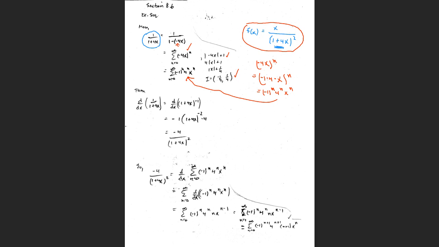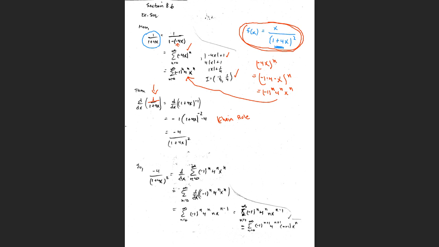All right, now again, how are we going to get to this function that we're interested in? We're going to take the derivative of 1 over 1 plus 4x. Why is that going to work? Well, the derivative of that rational function, of course you're using the chain rule here.